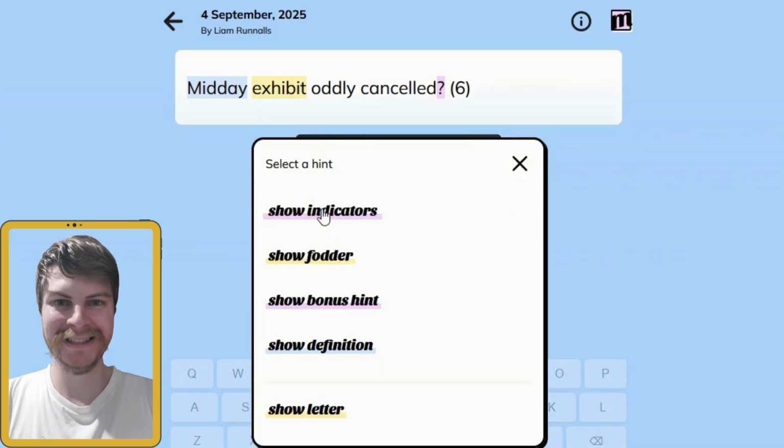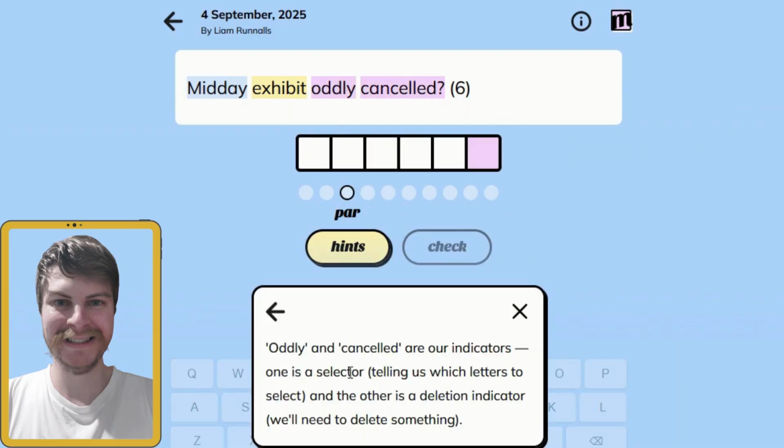Okay, let's just see what the indicators are. Okay, so I was right with the ideas. So we gotta select and we have to delete. But it doesn't tell us, oddly tells us to select the letters.